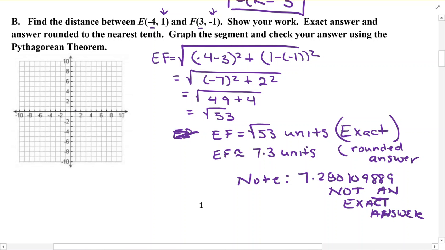Now if I graphed it, E would be (-4, 1), and F would be (3, -1). If I drew a right triangle, and called this point X, the length of EX would be 2. The length of XF would be 7.